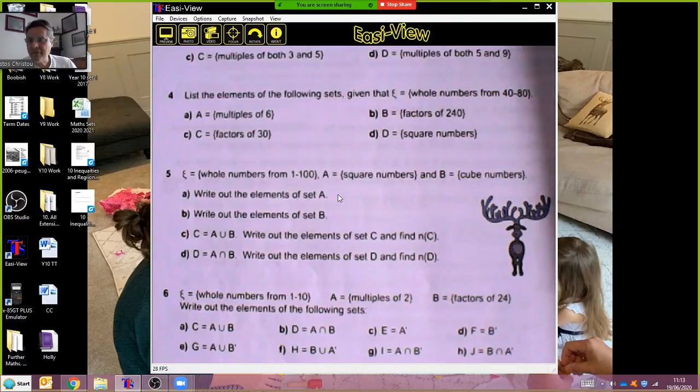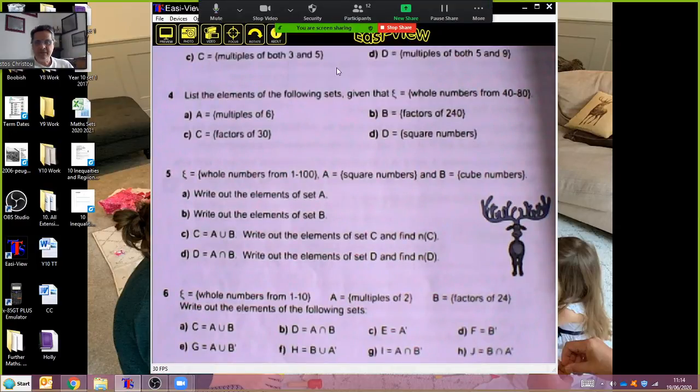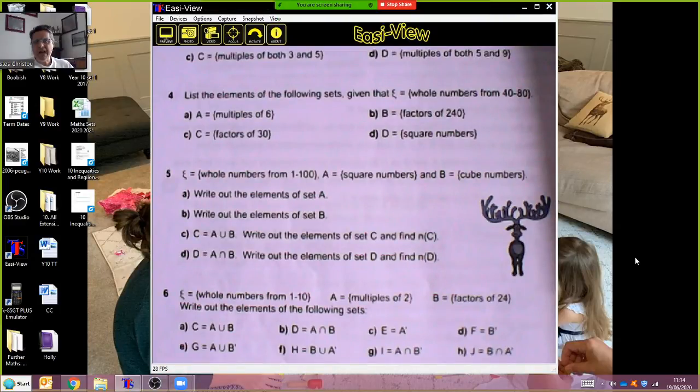You've missed one out. 3 times 3 is 9. 9's a square number. Okay, so it's so basic, many of you are going to screw up on this big time. Anyway, just be very careful with it. You've got to list all these square numbers.